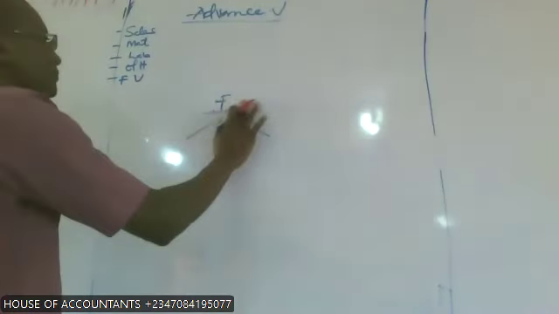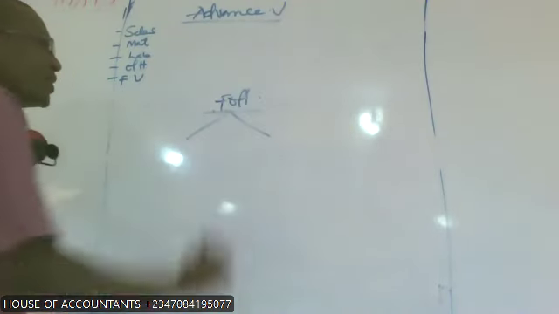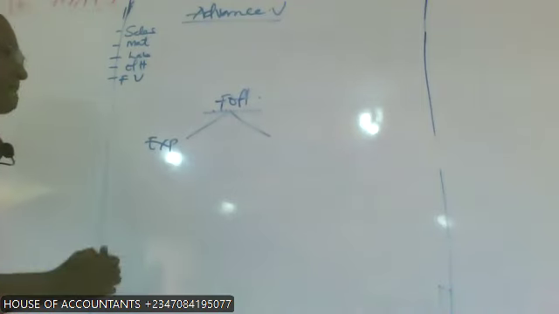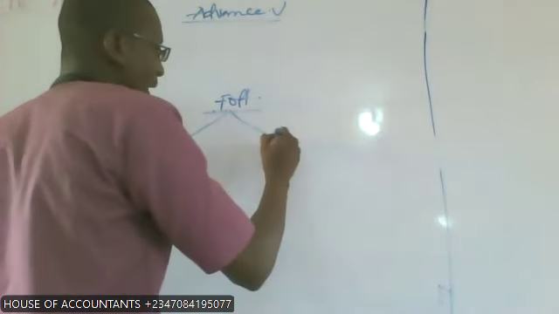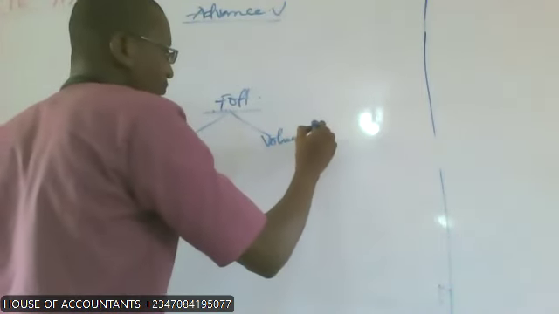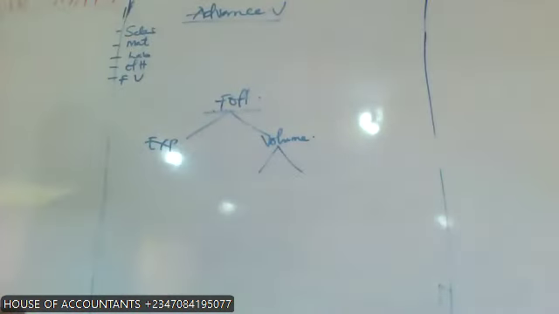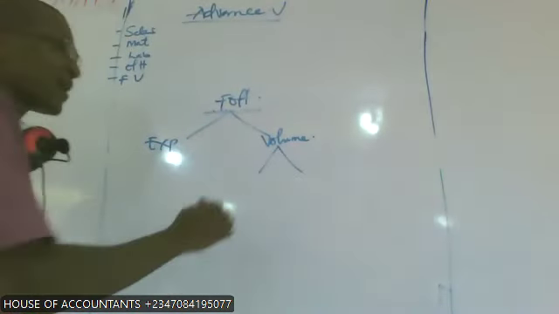Fixed overhead is divided into expenditure and volume. Then volume is further divided into two. We have capacity and efficiency.